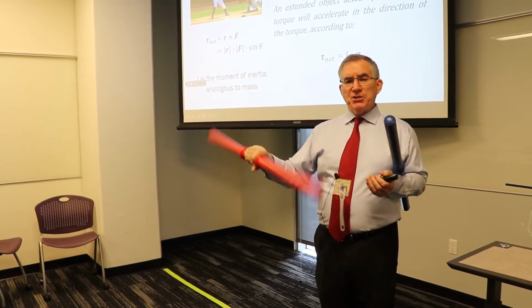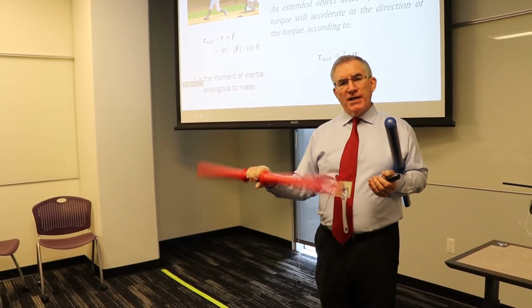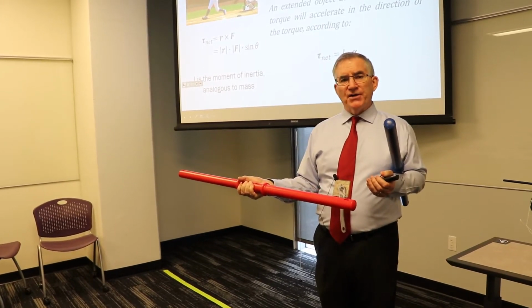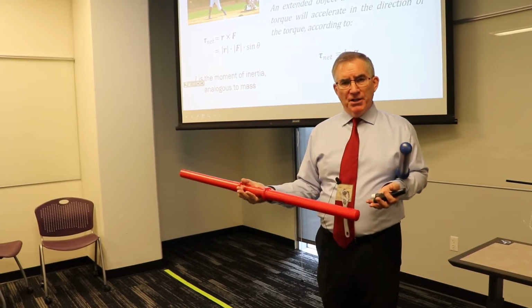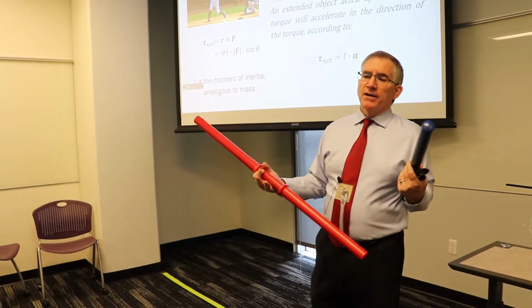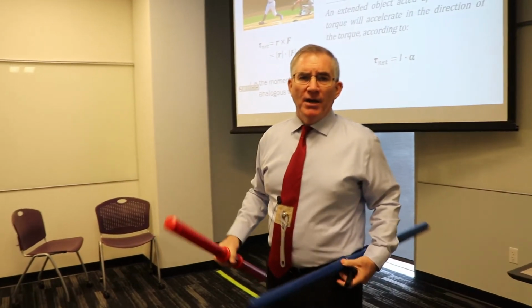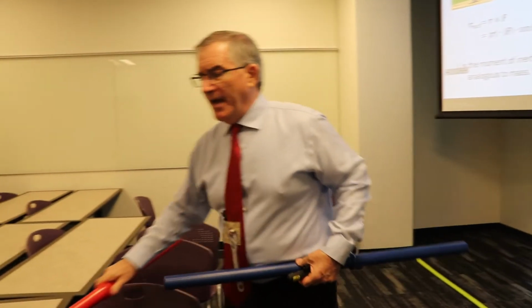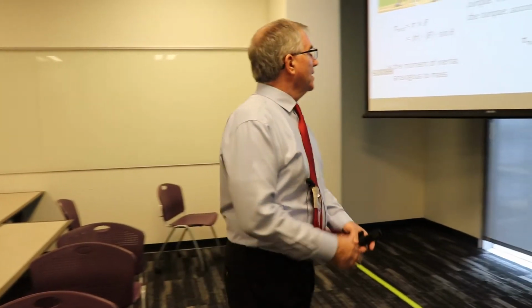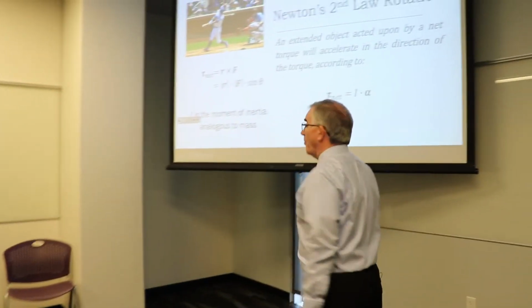So the distribution of the mass that you're torquing on is a very important factor in what kind of motion you're going to see. So that's a lot of words right there. You may want to hit the reset button, replay that a couple of times and listen to what I'm saying. And then we'll move on to the next slide, which will go into more detail.